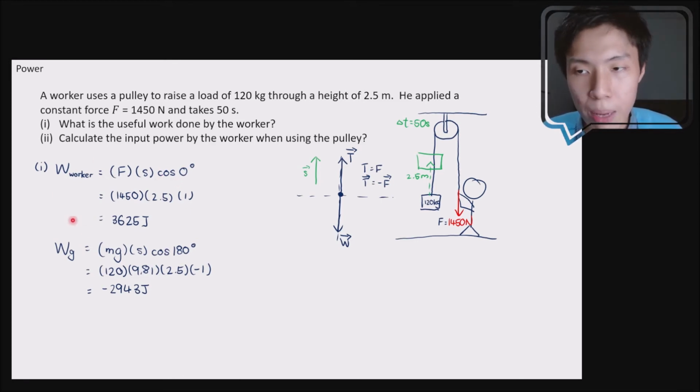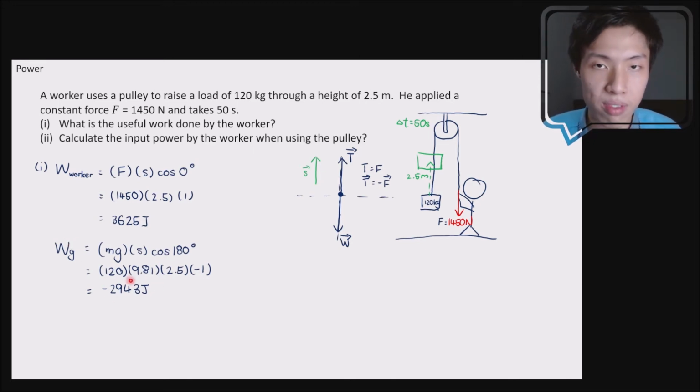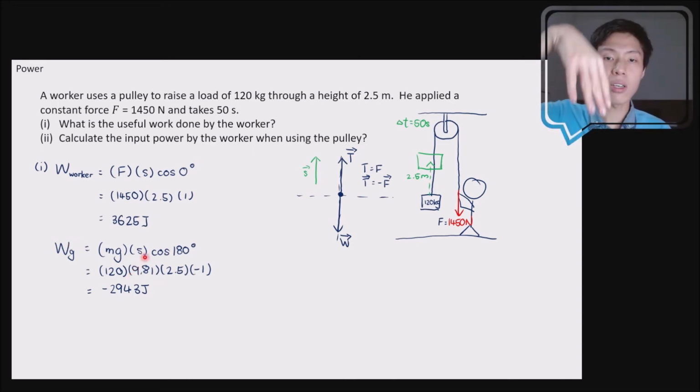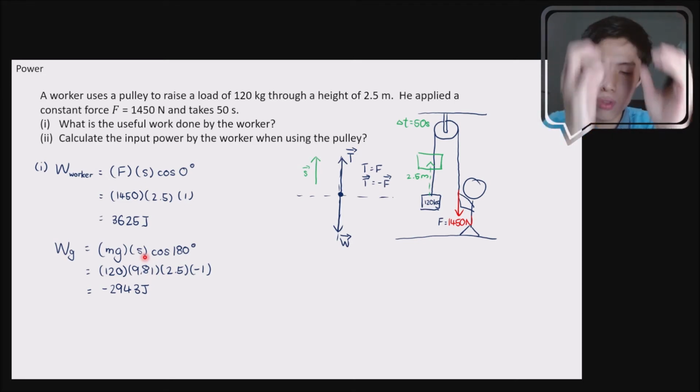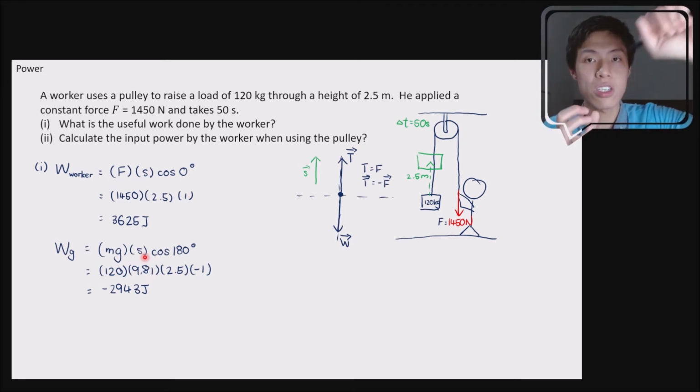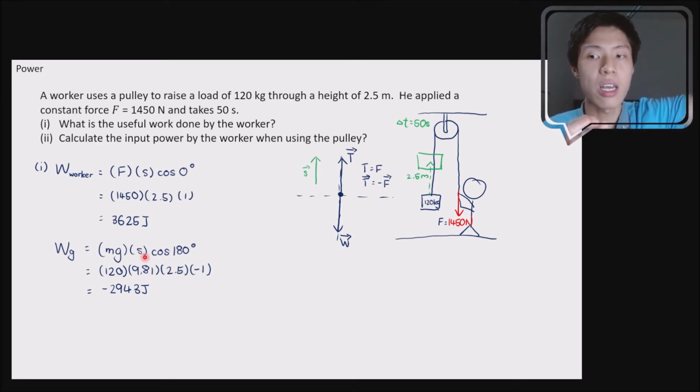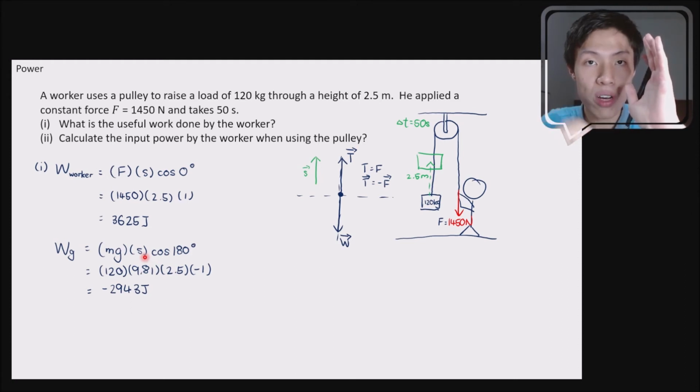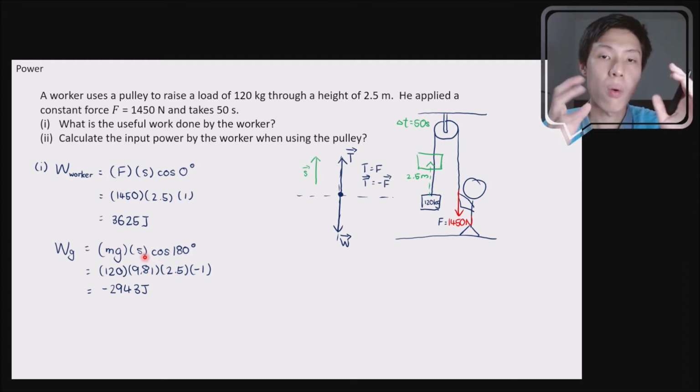The work done by worker, as you can see, is greater in terms of magnitude compared to the work done by gravity. What does it mean? It means the gravity is trying to pull the object downwards, but the worker is trying to pull the object upwards, and the worker is doing more work than the gravity. So the worker is able to overcome the gravitational force to bring the object upwards.